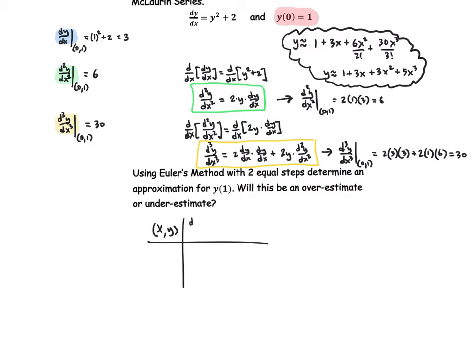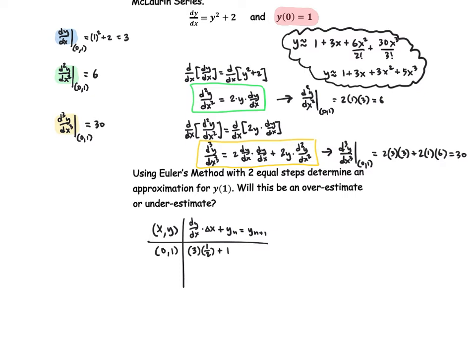I'm going to take dy dx, which is given, times delta x plus y sub n, and that'll give me my next y value. All right, so I'm starting at the point 0, 1. Okay, so dy dx at 0, 1 I was given up above was 3. Now my step length is going to be a half.